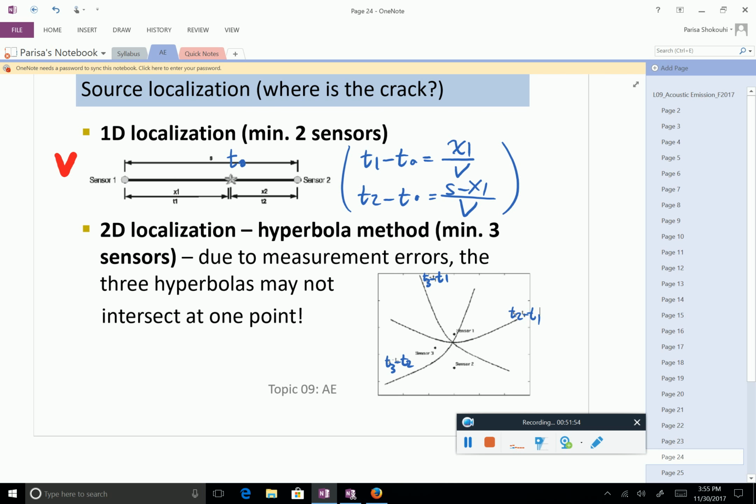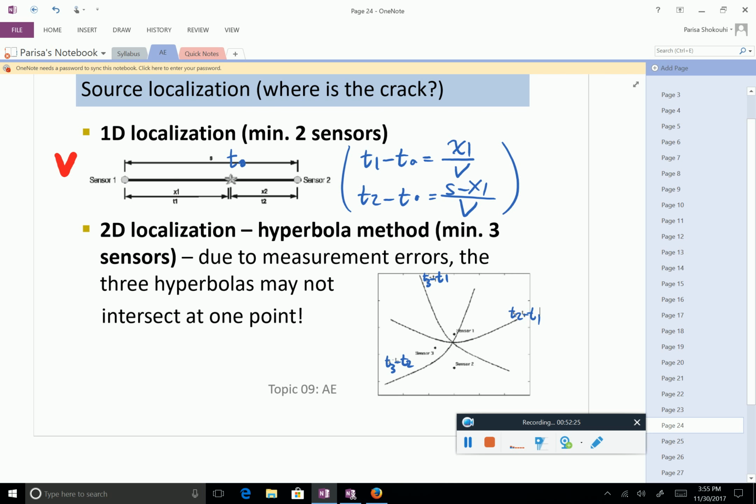Depending on the margin of error, this area can be small or large. So at the end, you don't end up with one location. You end up with a circle. You say your event is within this range. This is the best you can do. Did I answer the question? Yeah, they normally don't meet. I've never seen them meeting at one point. That would be great, but this is not happening.